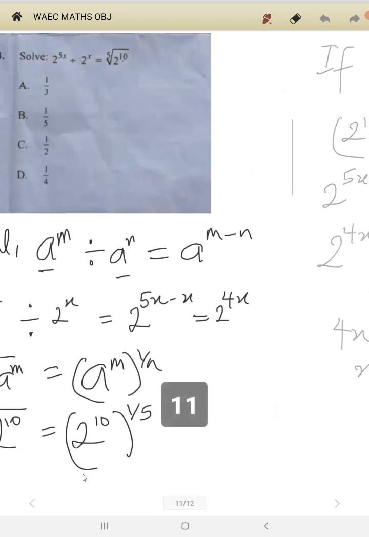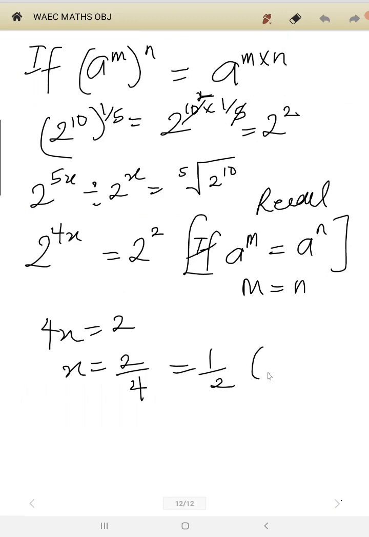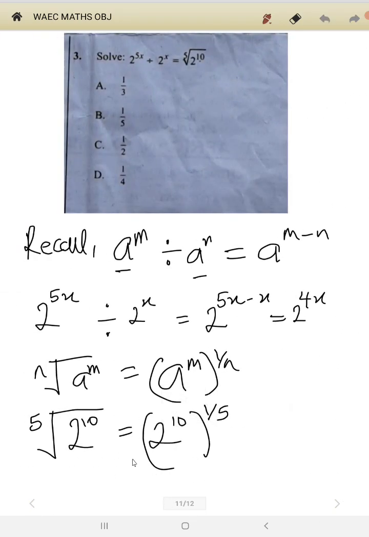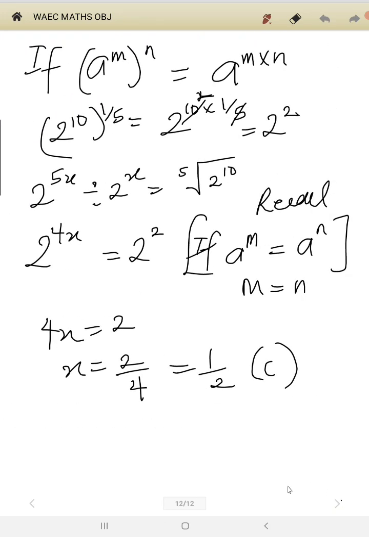So from the OBJ, you see that 1 over 2 is option C. So therefore, in WAEC 2023 mathematics, the solution for question 3 is C. That is the answer. So we apply the law to solve.